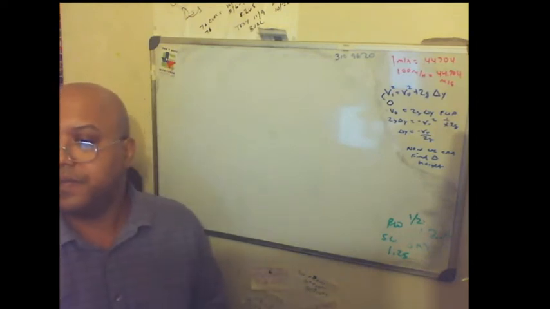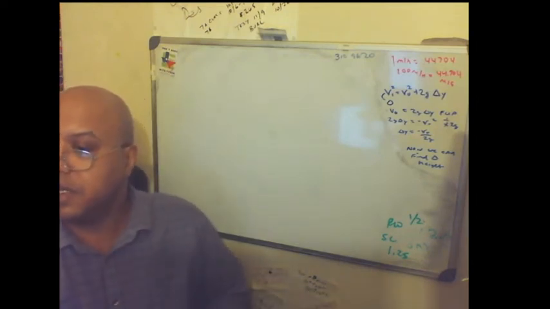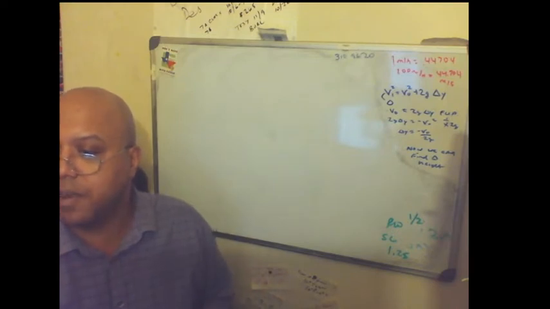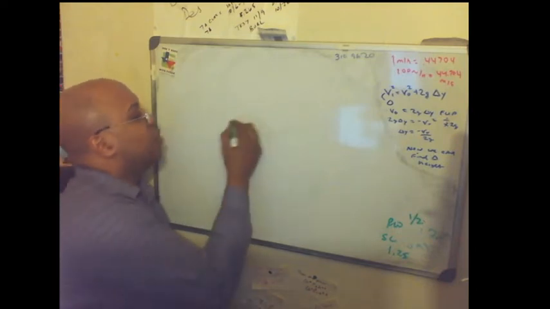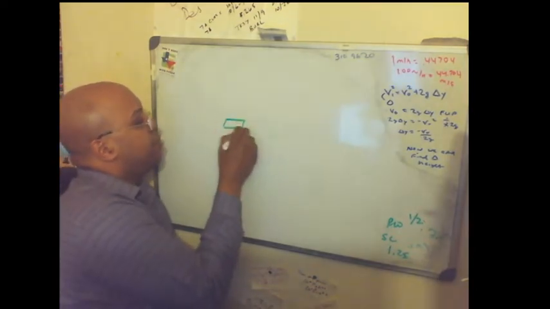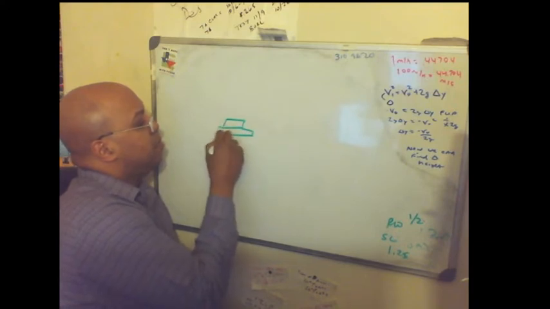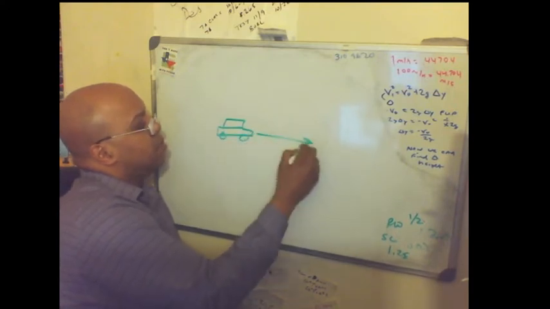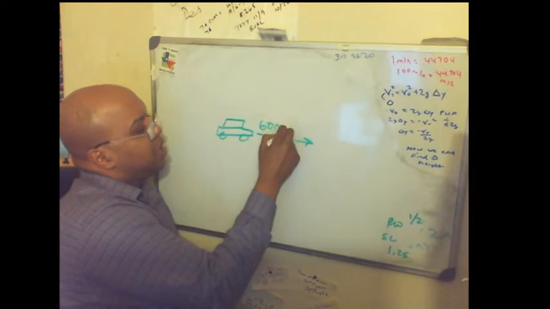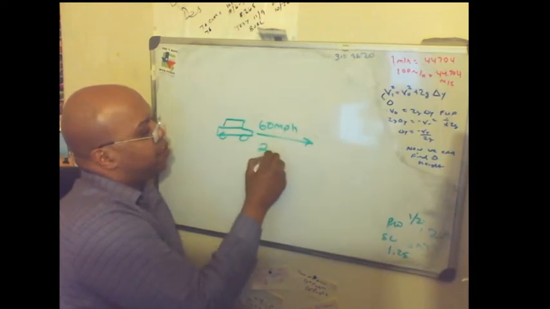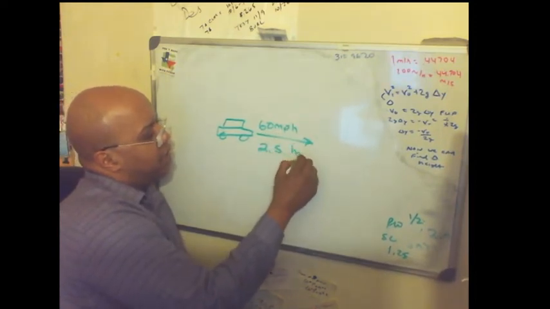First, we look at our car. It's traveled 60 miles an hour for 2.5 hours. So here's our car, and it's moving at 60 miles an hour for 2.5 hours.